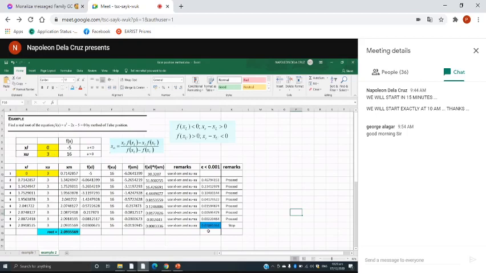This one is less than 0.001. So we will stop. Ito, 0.002, that's greater than 0.001. So we will still proceed. Kaya pagdating dito, since that is less than 0.001, we can now stop there.